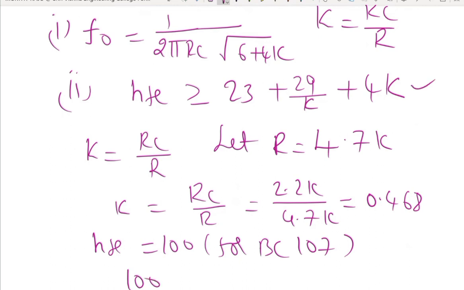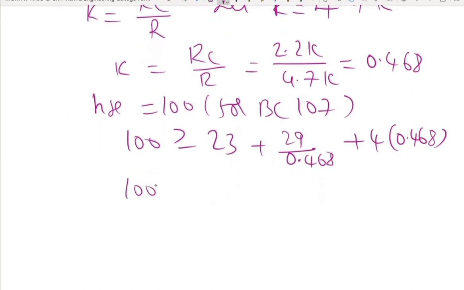Substitute 100 in this expression. 100 greater than or equal to 23 plus 29 by K value 0.468 plus 4 into 0.468. 29 divided by 0.468 is equal to 61.965. 4 into 0.468 value is 1.87.